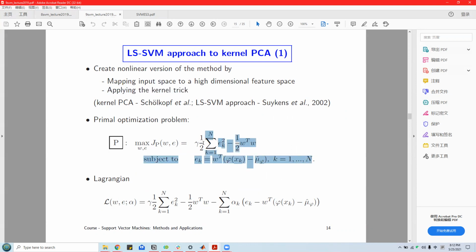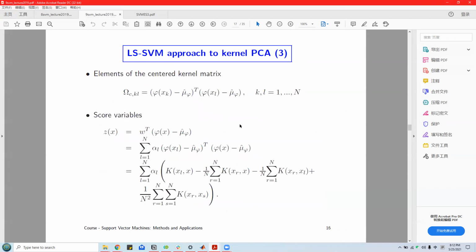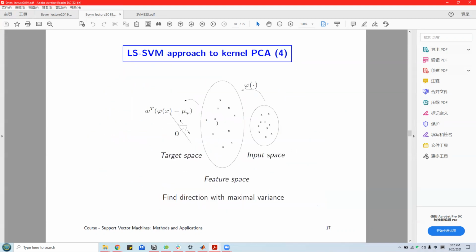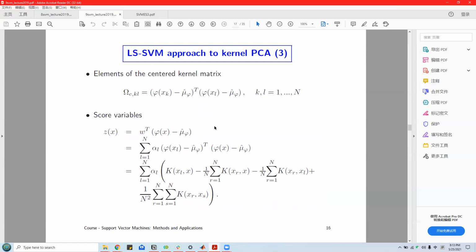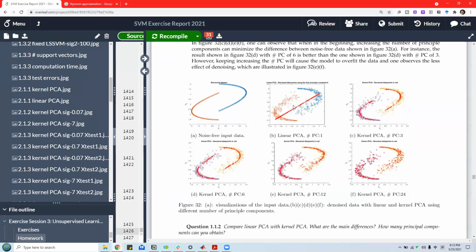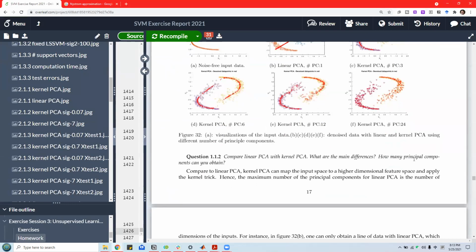And this is the optimization problem in the primal form. And then I think that's basically what you need to say about those two PCAs.